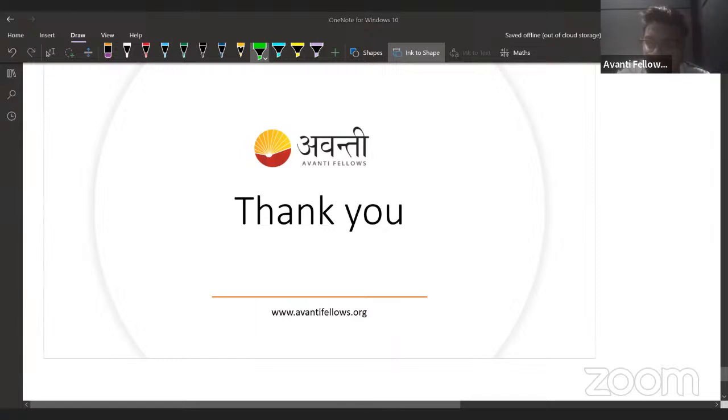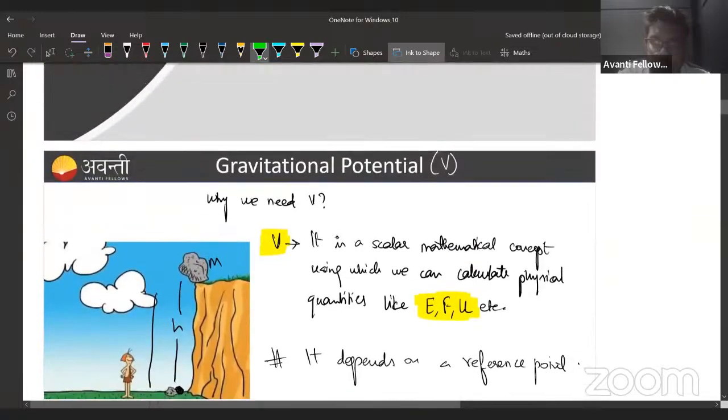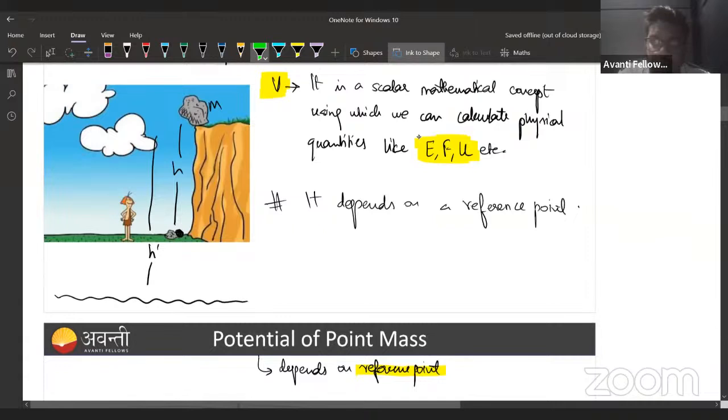Okay, someone has asked something. What is the word after potential in the first line? What first line are you talking about? I think you're talking about the definition. Let me get the question once again.